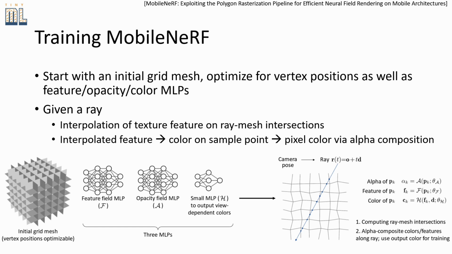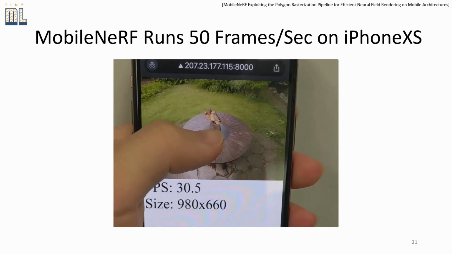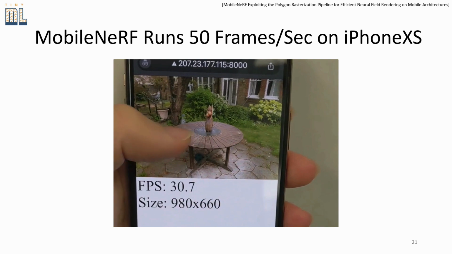And then during rendering time, as in the case of voxel grid, they exploit the pre-computed results for very fast rendering. It's really fast, so you can even run this model on a typical smartphone in real time, as this demonstration shows.